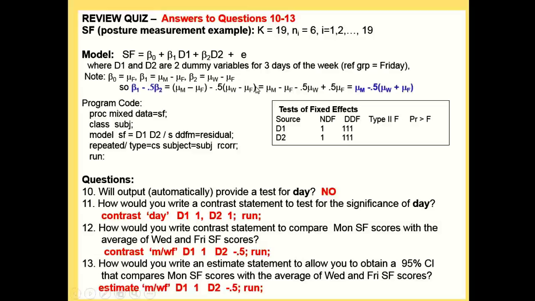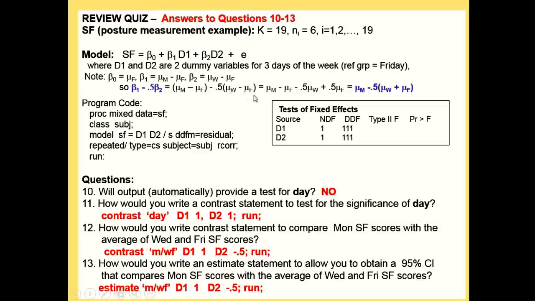So if you want to ask the question, is there a difference between Monday and the average of Wednesday and Friday? What you're going to do is say, okay, here's the effect of, let's put it this way, beta 1 minus 0.5 beta 2. This is the effect of Monday, minus 0.5 times Wednesday minus Friday.